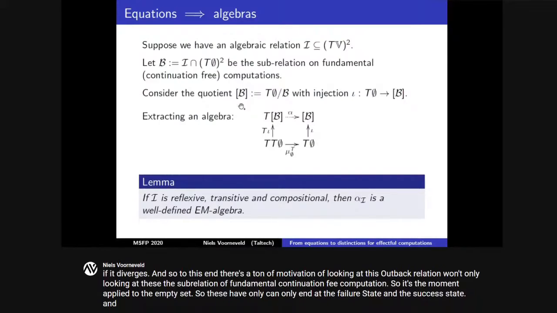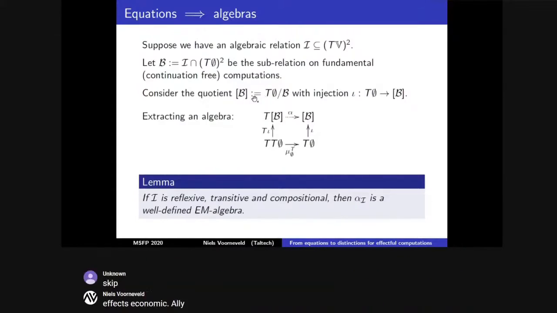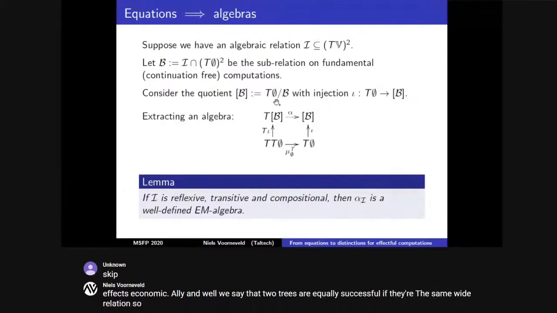And then we can say that the degree of success and the degree of failure, in this kind of effectfully enhanced version, because here we have also effects along the way, we say that two trees are equally successful if they're the same via the relation. So we quotient it under B, where we make this B symmetric, but then this quotient still has an order.